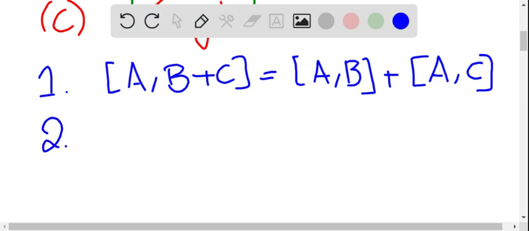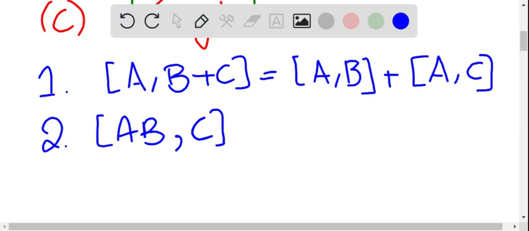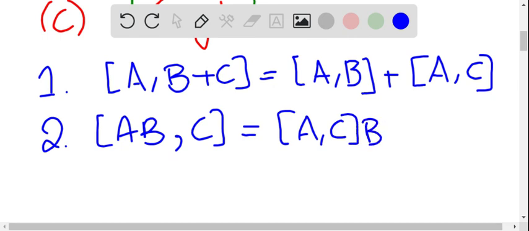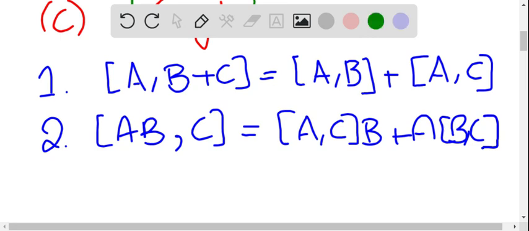And the second thing that we must know is that the commutator AB comma C is equal to A commutator B comma C plus the commutator A comma C times B, right? And the third thing that we must know is the Jacobi relation, right?